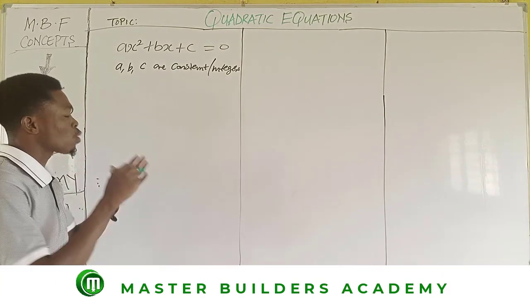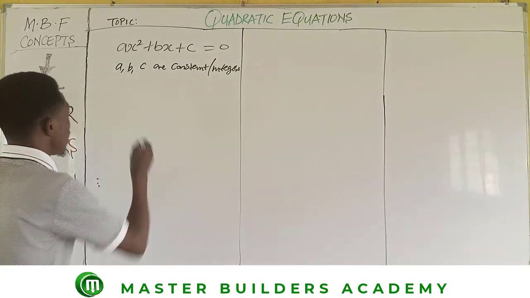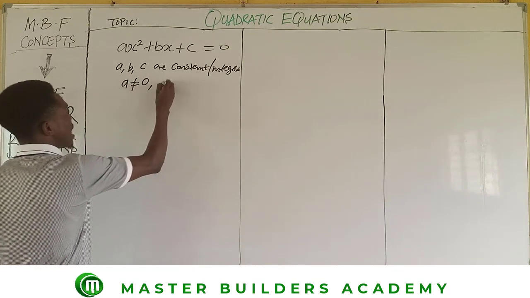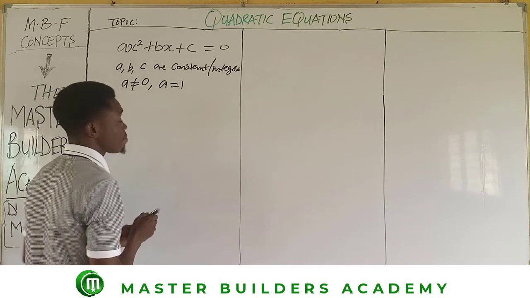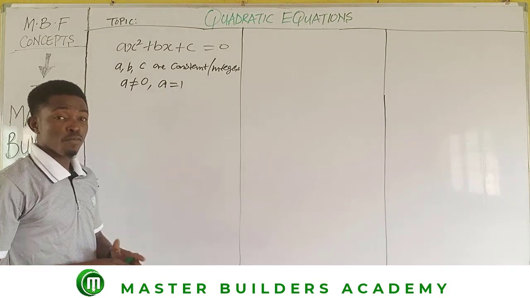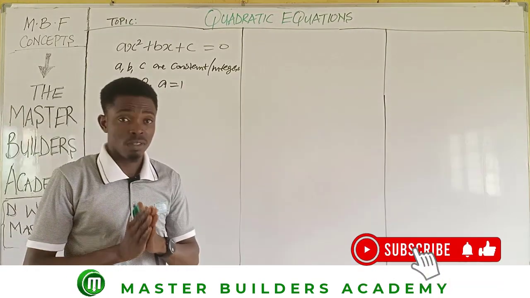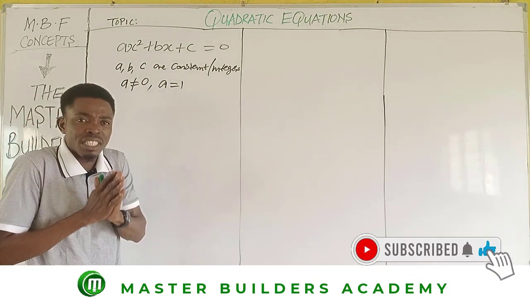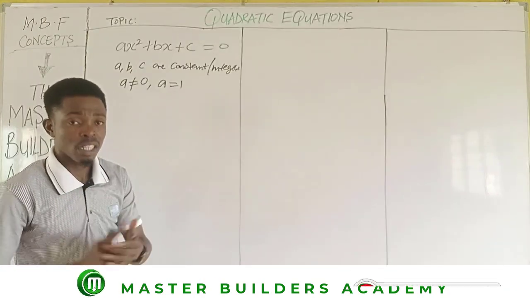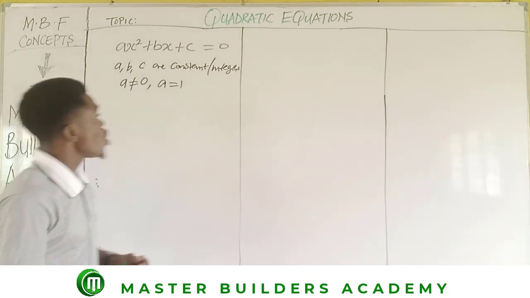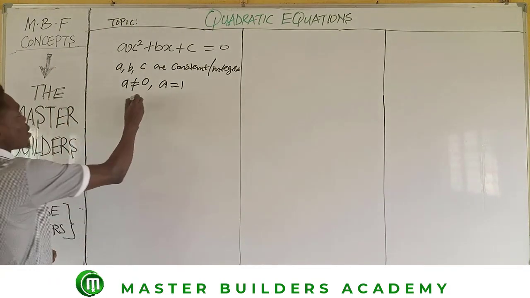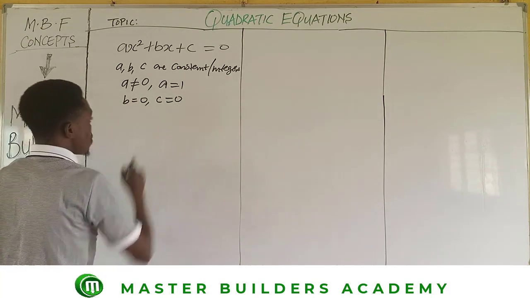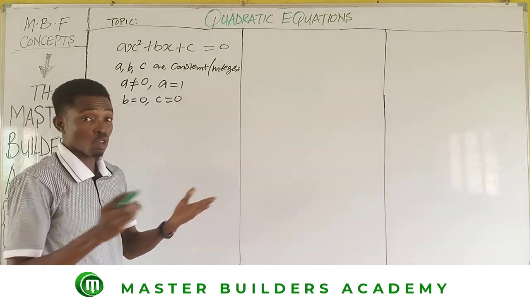Now get it clear, in quadratic equation, a is not equal to 0. The least value of a, which happens to be the coefficient of the highest power of x, is 1. Also, b can be 0, c can also be 0 in any quadratic equation.